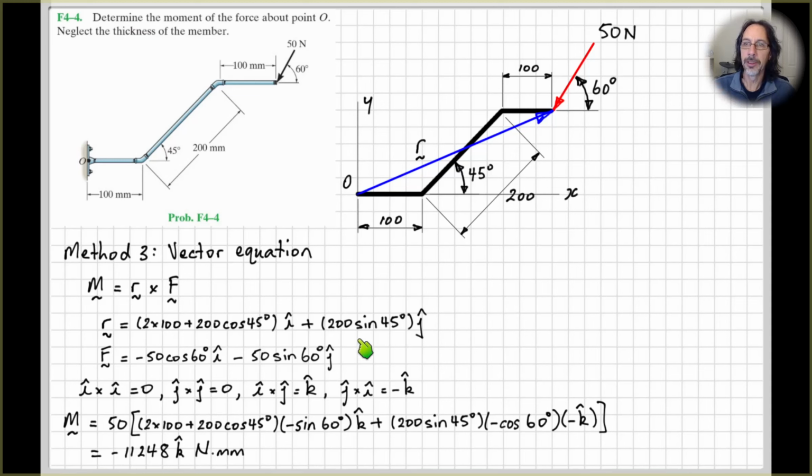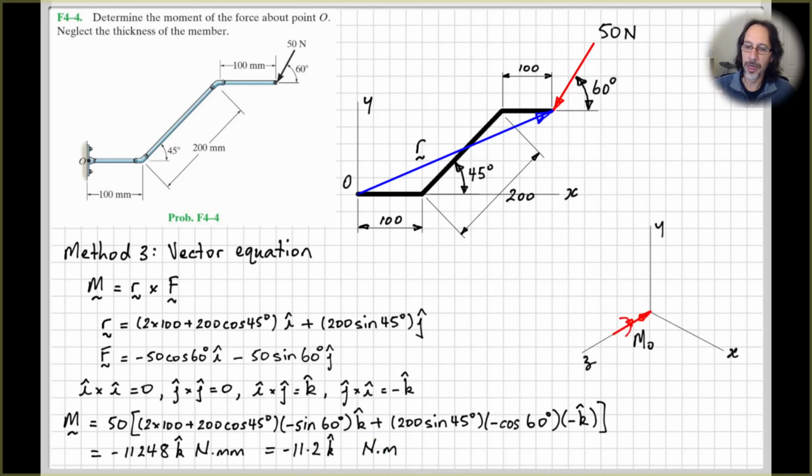Assuming that you get your vectors right here and you do your cross products correctly, the signs of the moments are taken care of by the vector cross product. Where we've got j cross i, this is where we get a minus k. That's how it's taken care of. We have rounded this to 3 significant figures and converted it to Newton meters.